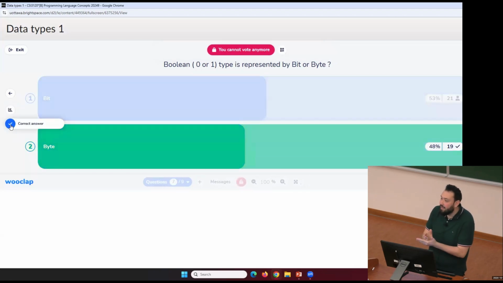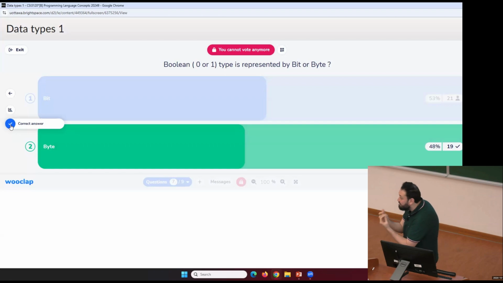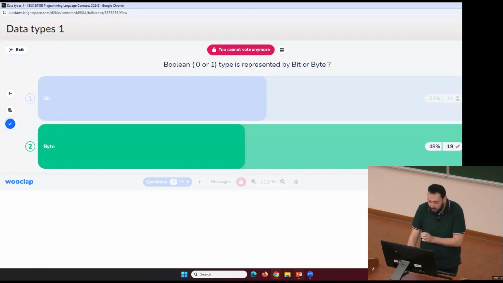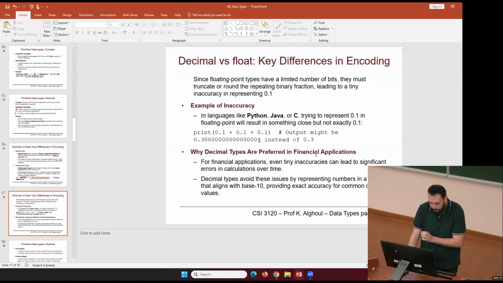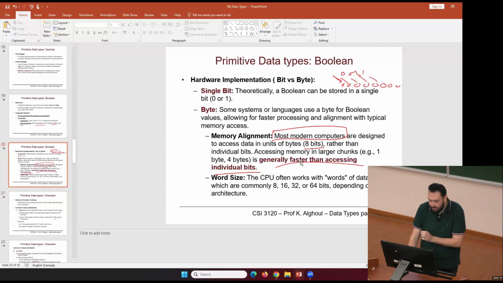It's byte. Why? Bit makes more sense, but we said the CPU accesses bytes faster than accessing individual bits. We don't want to go bit by bit. We take words of data, usually 8-bit, 16-bit, 32-bit.